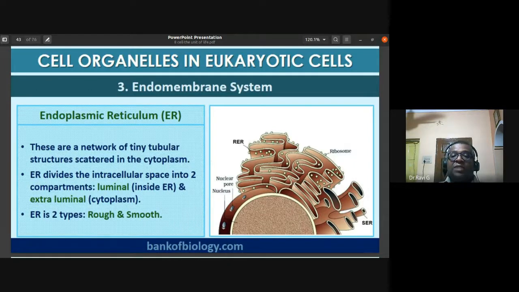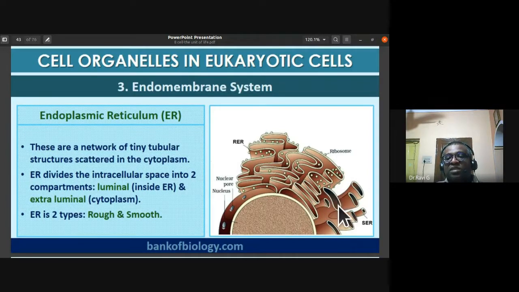So what is the endoplasmic reticulum? It is a network of tiny tubular structures scattered in the cytoplasm. It divides the intracellular space into two compartments. The luminal space is the intracellular space inside the endoplasmic reticulum.